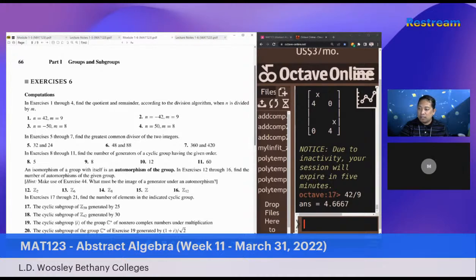Q is negative, because n is negative 42.